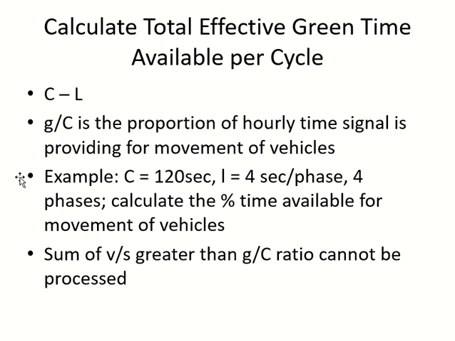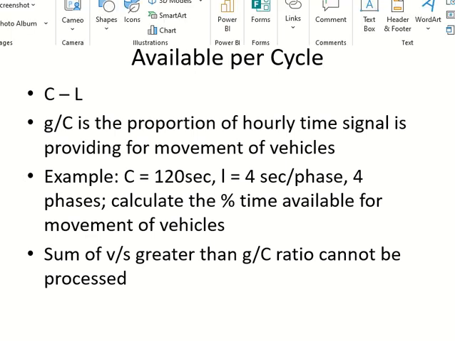Okay, so for example, your cycle length is 120 seconds and your lost time for every phase is 4 seconds. And we have 4 phases. So how much is my effective green? 120 seconds of cycle length, 4 phases, and every phase has a lost time of 4 seconds. 104.